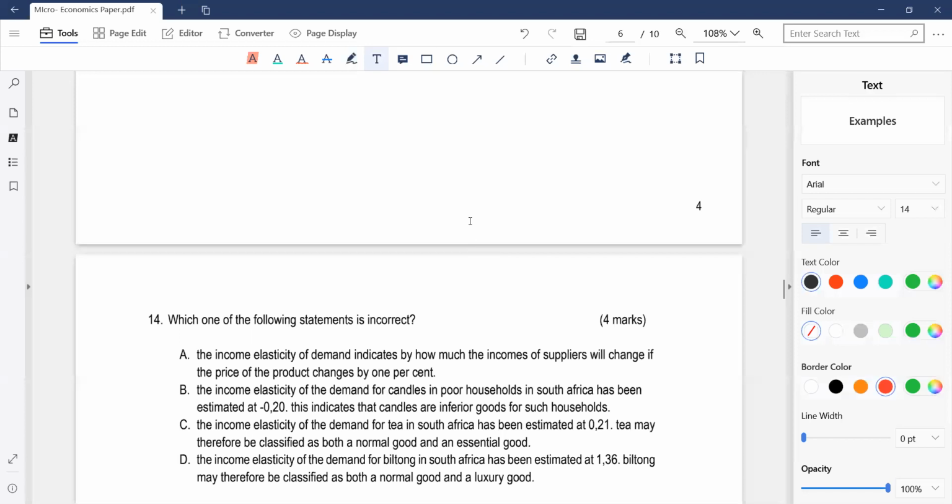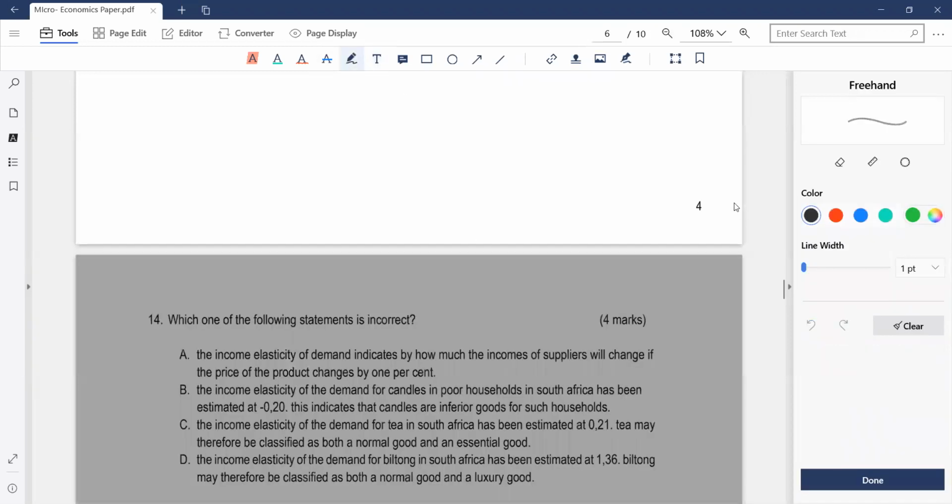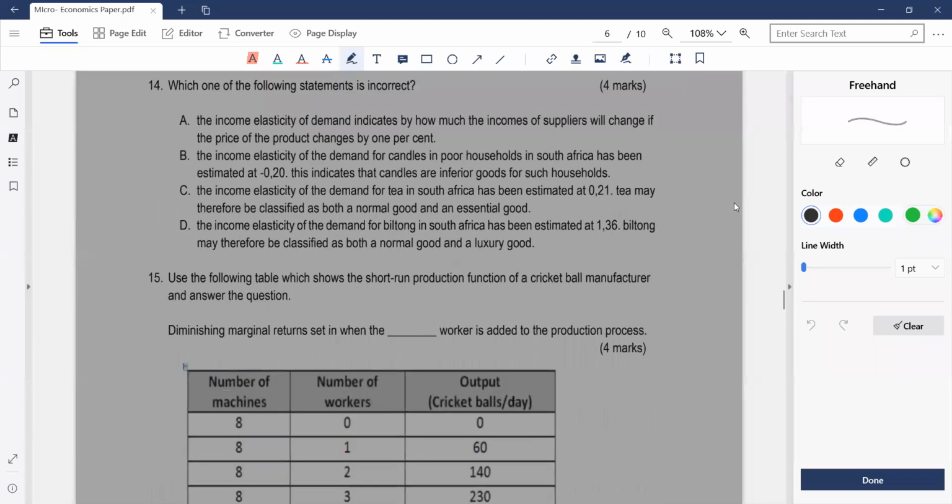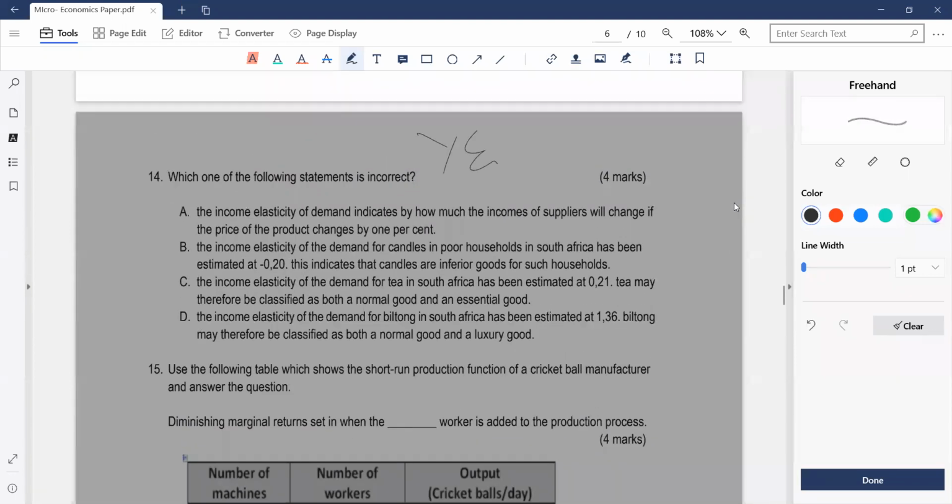This sounds very wrong, because YED, which is income elasticity of demand, is equal to the percentage change in quantity demanded over the percentage change in income, which is Y. It's the relationship between income and quantity demanded. So A is out. A should be our answer for number 14.